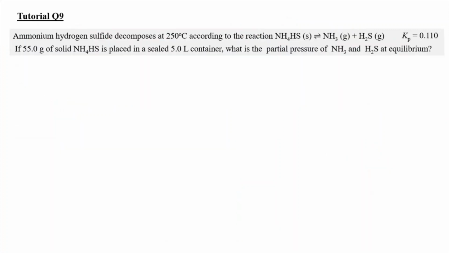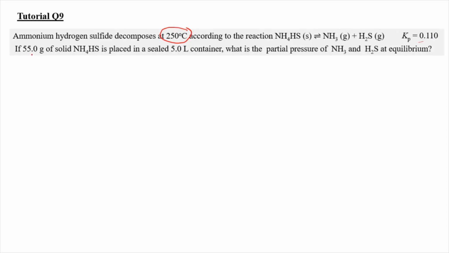So for tutorial question 9, the ammonium hydrogen sulfide decomposes at 250 degrees Celsius according to the reaction of NH4HS solid converted to the ammonia gas as well as the H2S gas. The Kp is given to be 0.110.